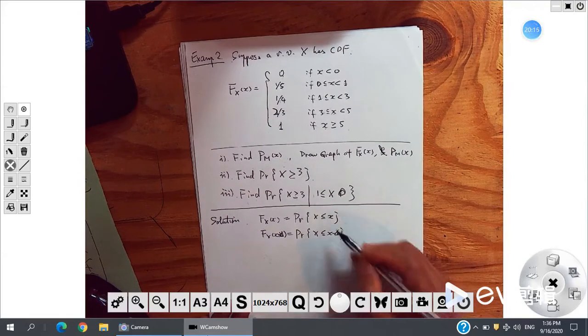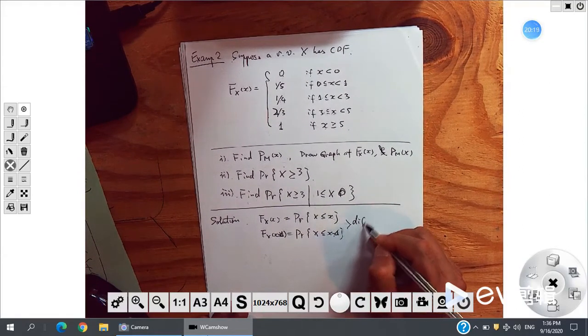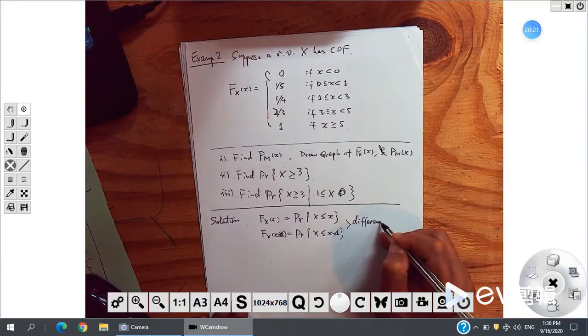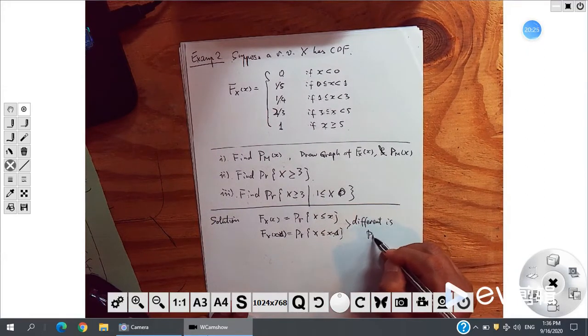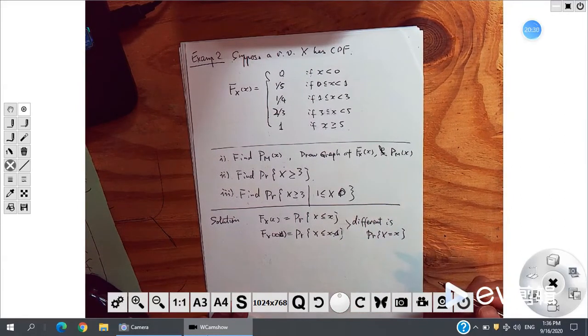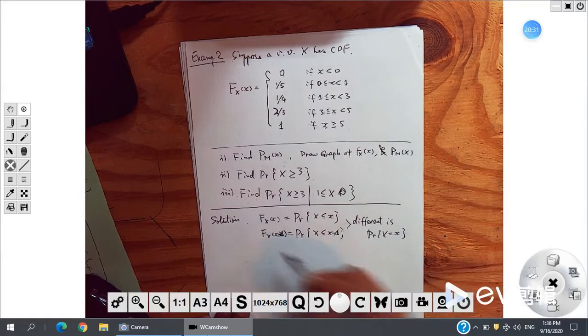So these two, the difference is the probability of X equal to x. You get it? The idea is just like this.